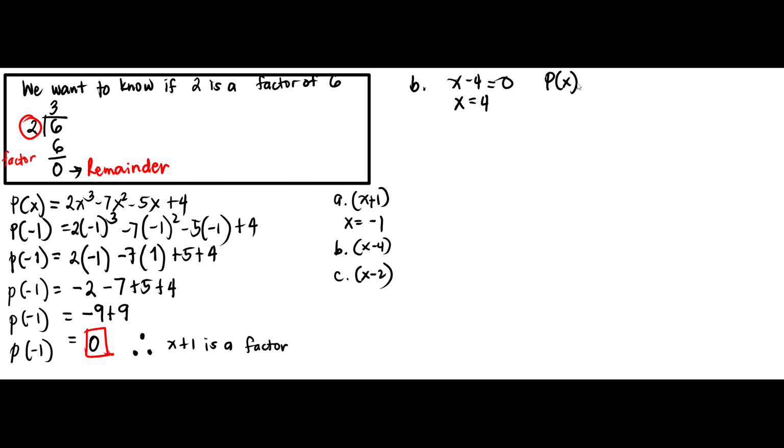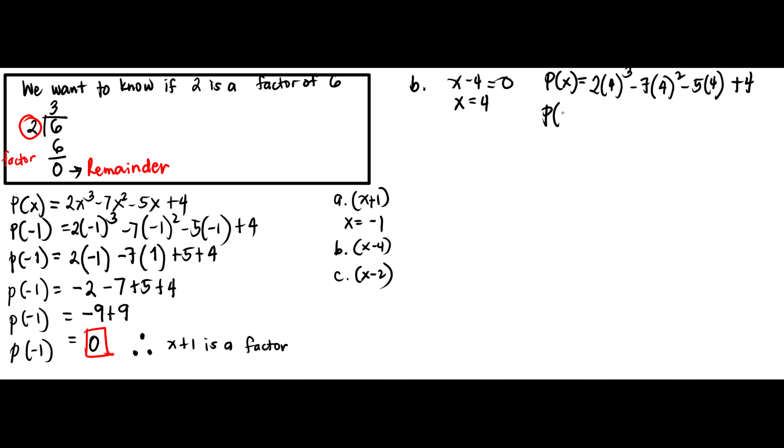So, let's use the remainder theorem. 2 times 4 cubed minus 7 times 4 squared minus 5 times 4 plus 4.